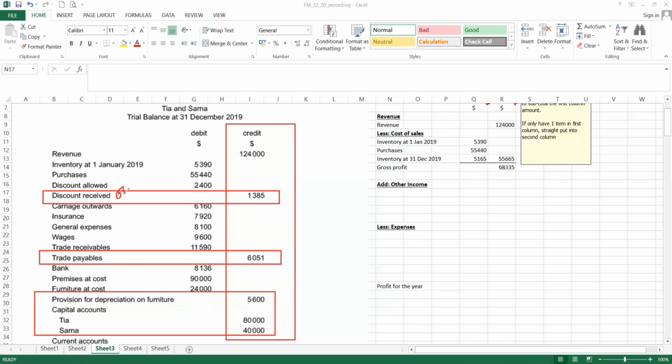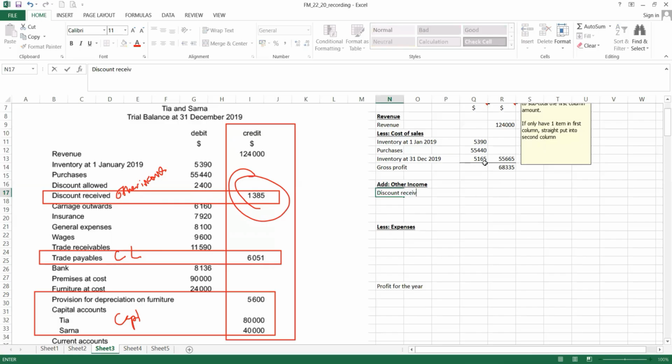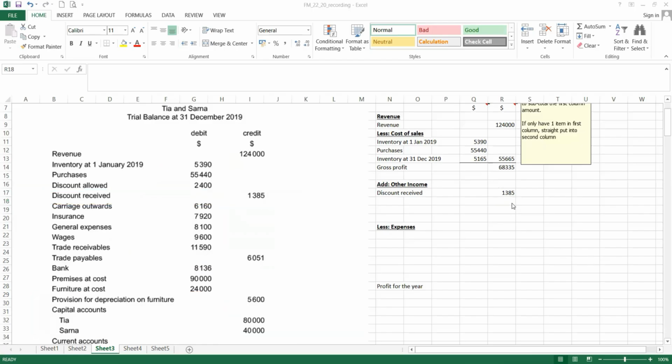Discount received is other income. Trade payable is under current liability. Capital is under the capital section. So we only take this amount. Okay, discount received. Because it's only one amount, we straight away put it into the second column. Let's calculate first. Take this plus this, so the subtotal.